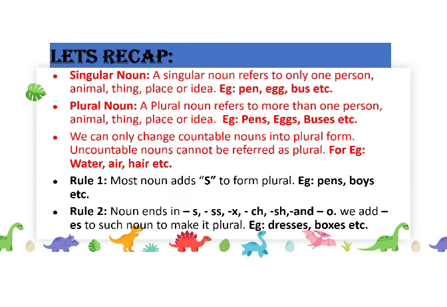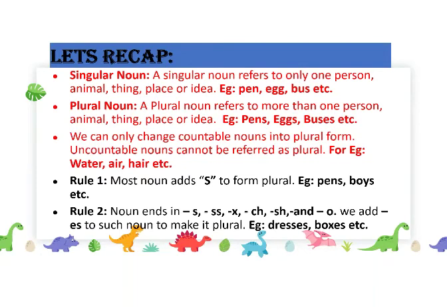Understand that we can only change a noun into plural when it is countable. Uncountable nouns cannot be referred to as plural. For example, water, air, hair, etc. We don't add s or make them plural. We always use these words in singular form only.